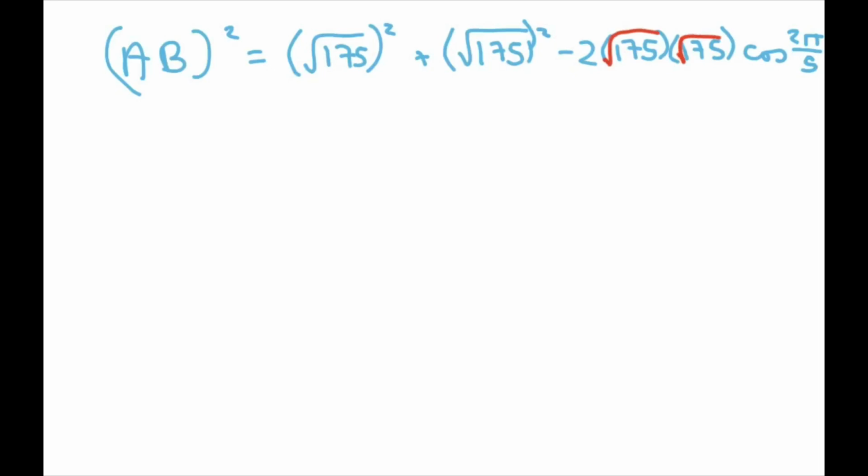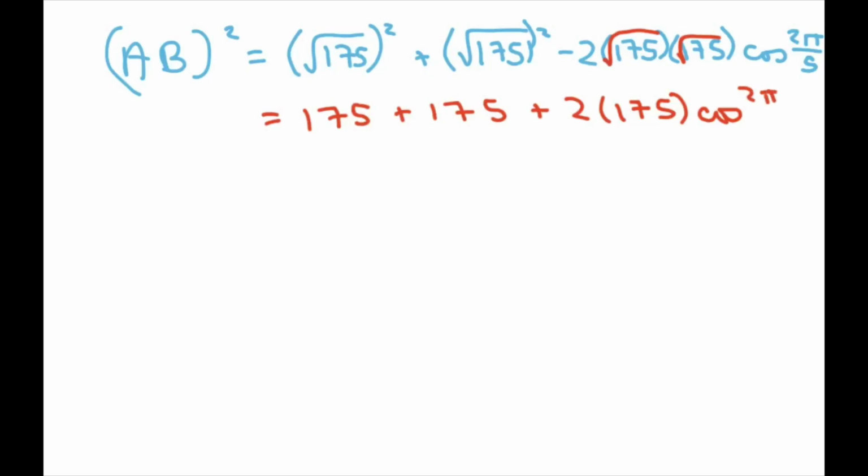All right, so basically this will be 175 plus 175 minus 2 times 175 cosine of 2 pi divided by 5. And this is going to equal 350 minus 350 cosine of 2 pi over 5.